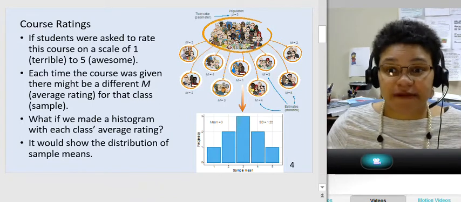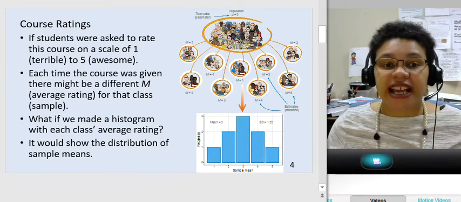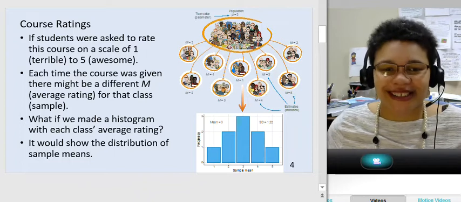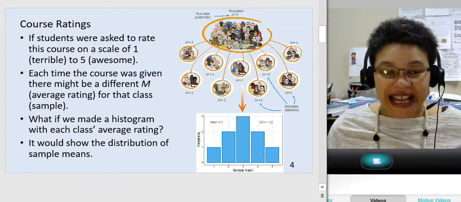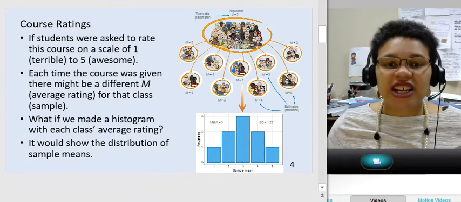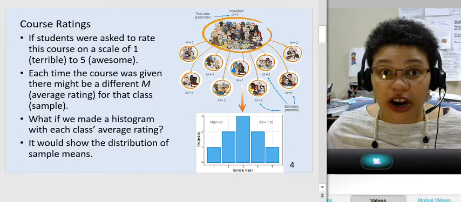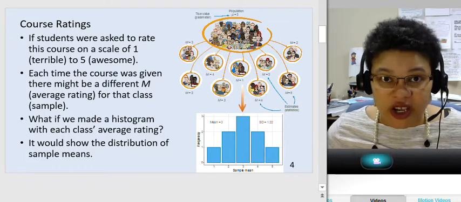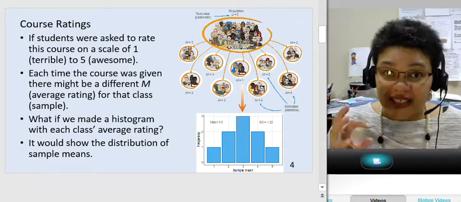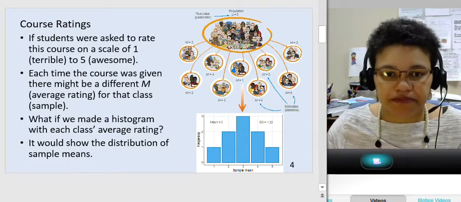If students are asked to rate this course on a scale of 1 being terrible to 5 being awesome, imagine that. Each time the course was given, there might be a different M or X bar, a different average rating for that class. And that class constitutes a sample, because it's a part of the population.